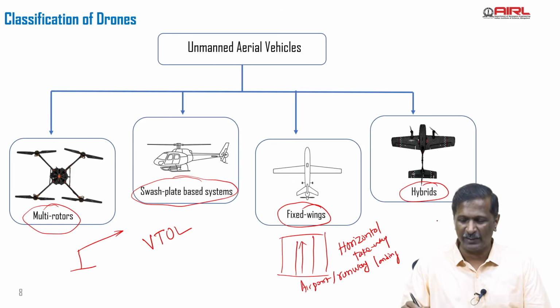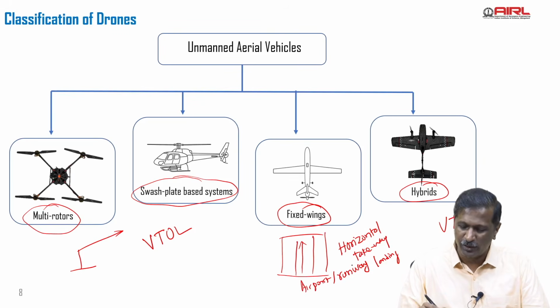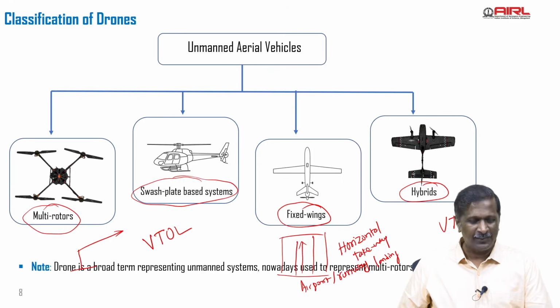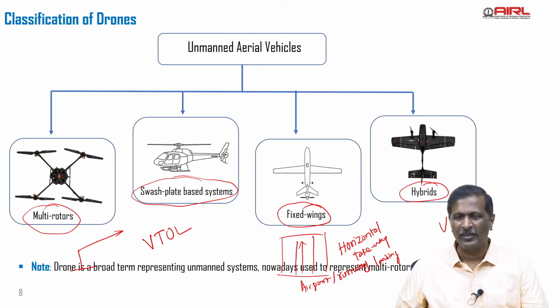They can take off vertically, and they can land vertically. In case the propellers have some issues, they can also use infrastructure like a runway to land. What we mean here by drones is a broader term used nowadays to represent unmanned aircraft, particularly multirotor systems.